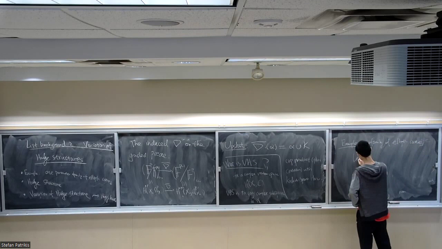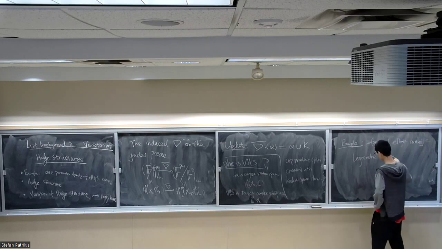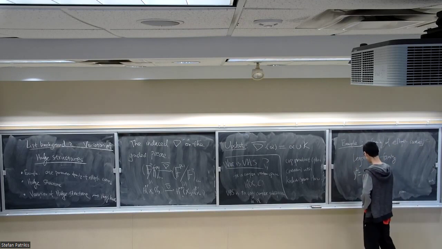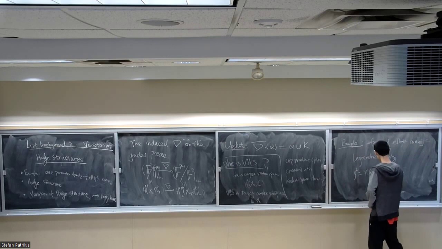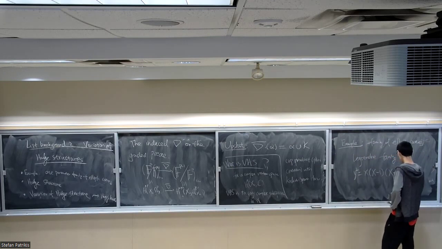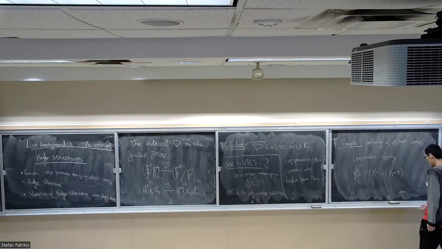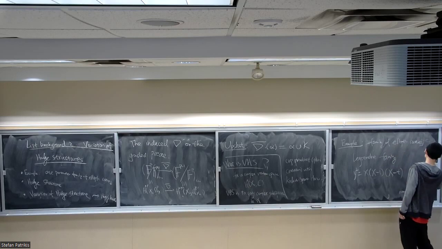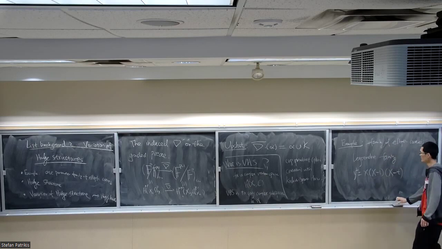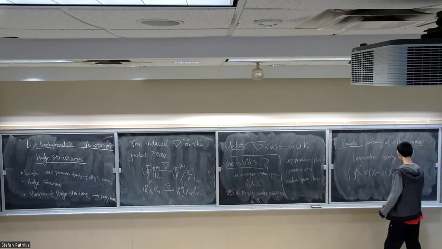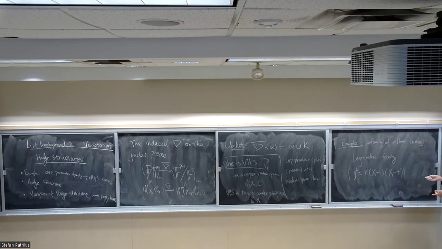I'll choose what is called the Legendre family, y^2 = x(x-1)(x-t). What you can see is that for different t, it's going to give you different elliptic curves.